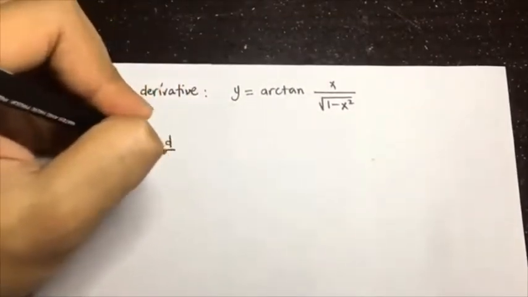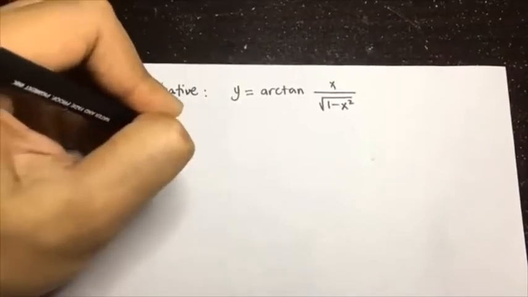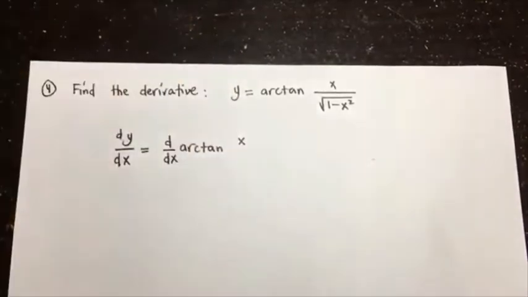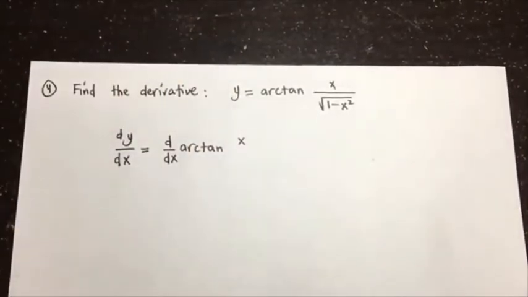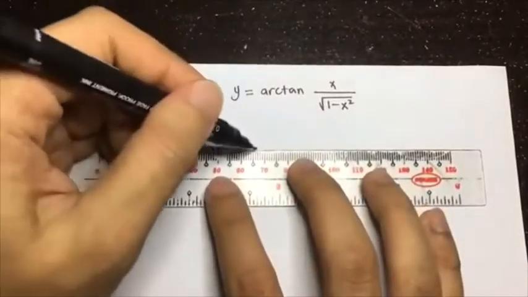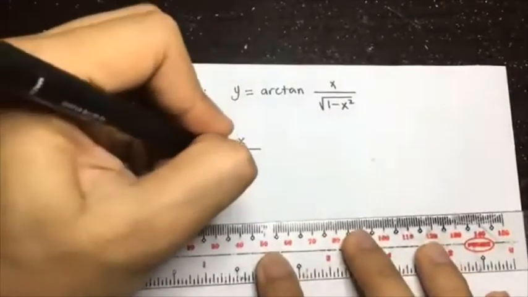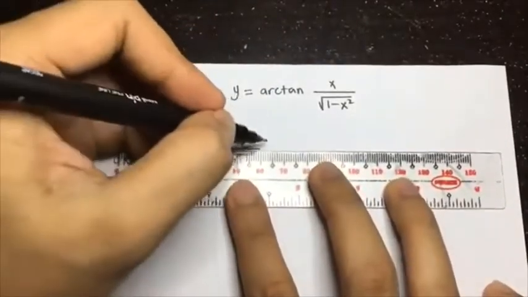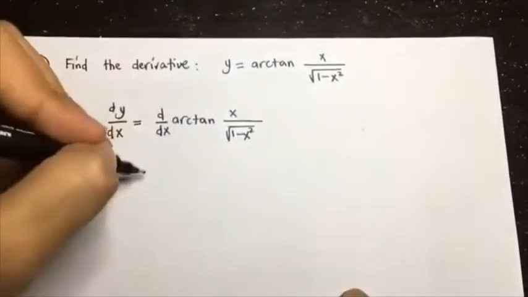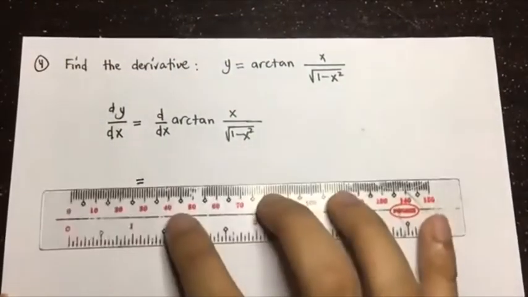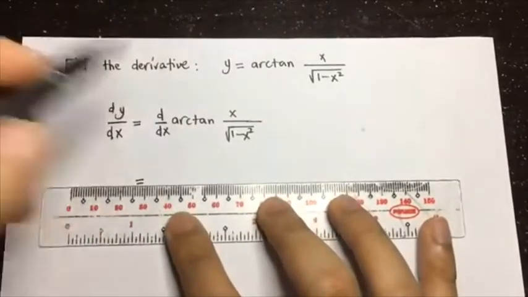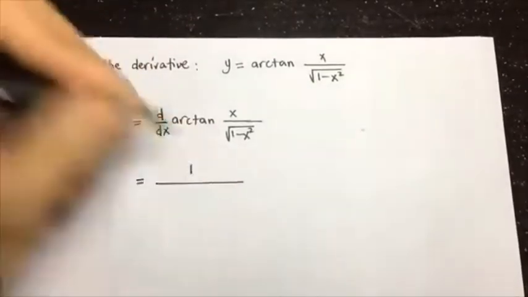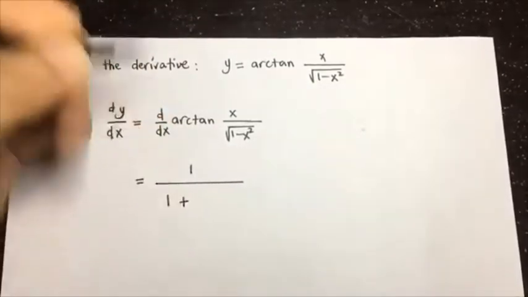Okay, so the derivative with respect to x of arctan of x over square root of 1 minus x squared. Okay, so this will become the derivative is 1 over 1 plus u squared.